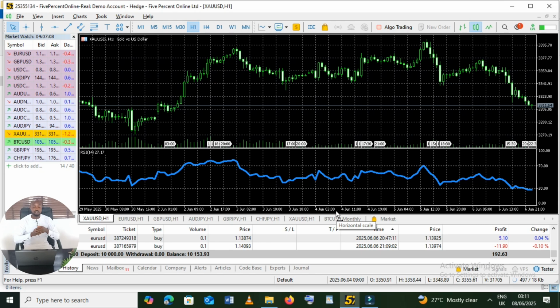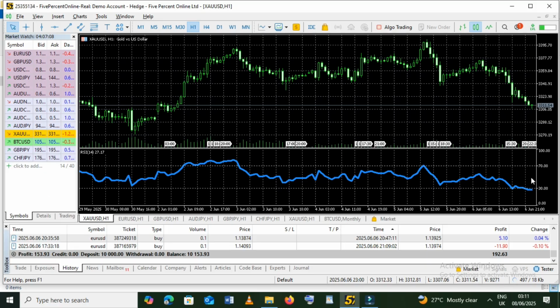I'm using a blue line. This RSI is more similar to the stochastic oscillator. RSI is also used to measure the strength of the market. In RSI, it has point 70 and point 30. When you see the RSI line cross above or at 70, it shows that buying power is now weak, so you are expected to place a sell order.